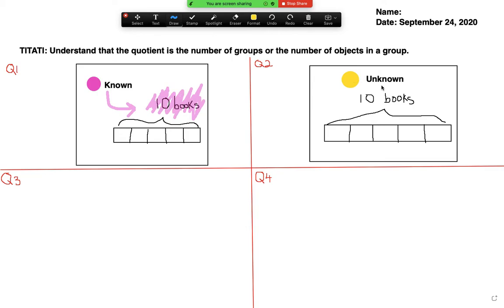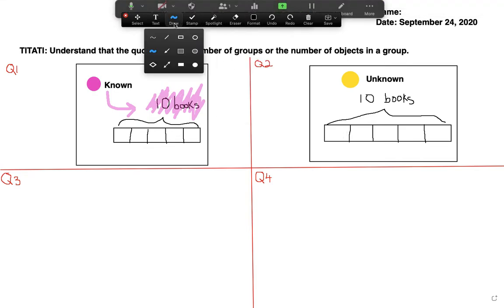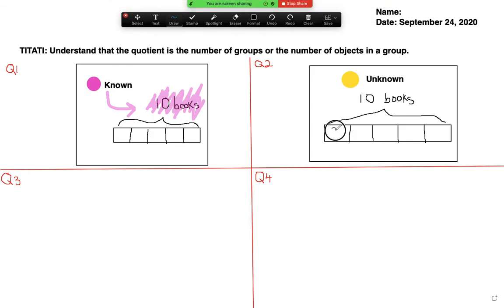Our unknown, the thing we don't know, is how much each of these equal. So each of these squares right here, go ahead and put a question mark inside. Okay, these are our unknowns.